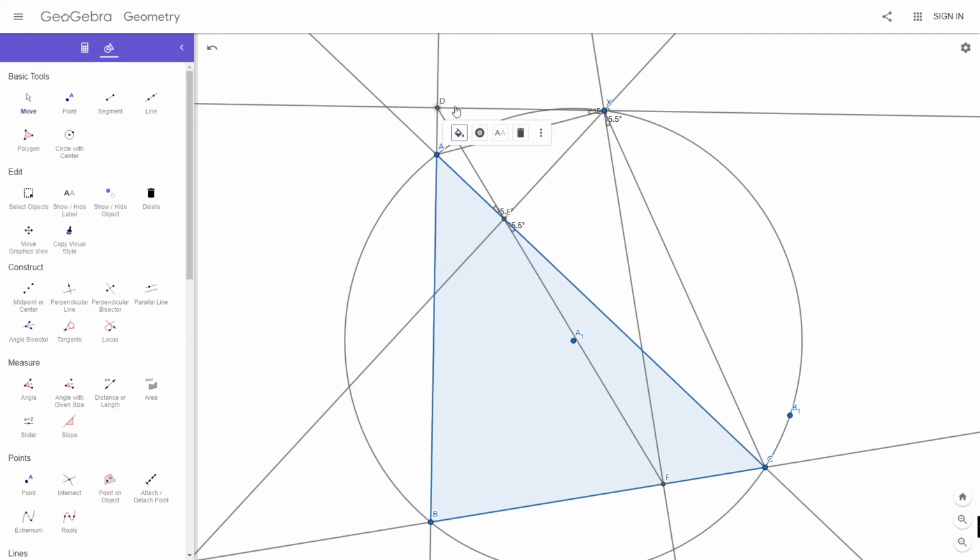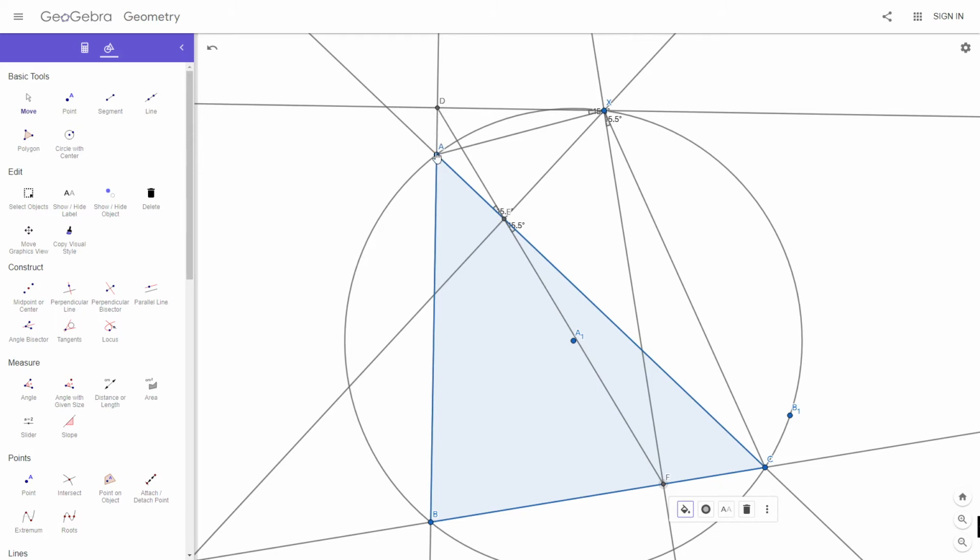So we know that DXFB is a cyclic quad because the angles are 90 degrees, which means DXF is equal to 180 degrees minus DBF, opposite angles subtended.